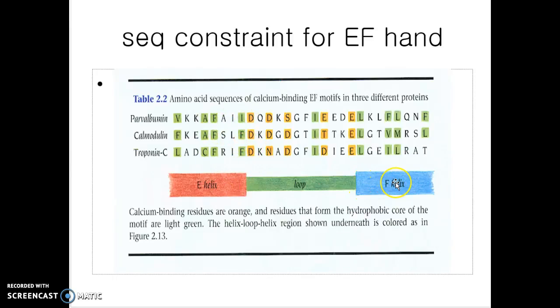Actually, the two helices interact with each other, making hydrophobic bonds. The loop also has the highly conserved negatively charged D and E in yellow color, providing the calcium binding site, as I mentioned. In the middle, you can see glycine, which is also highly conserved, allowing the sharp turn.